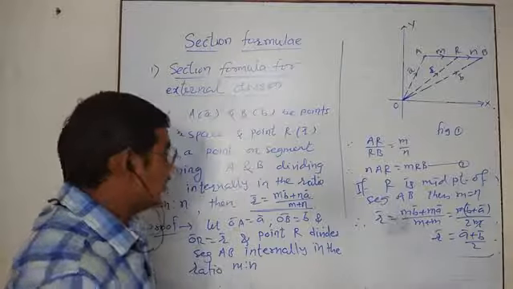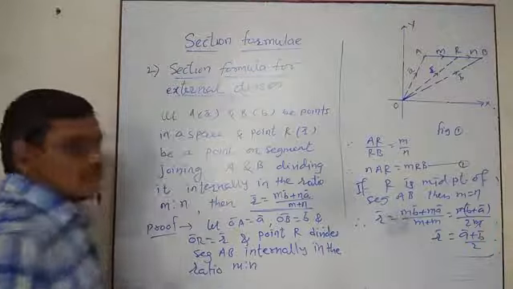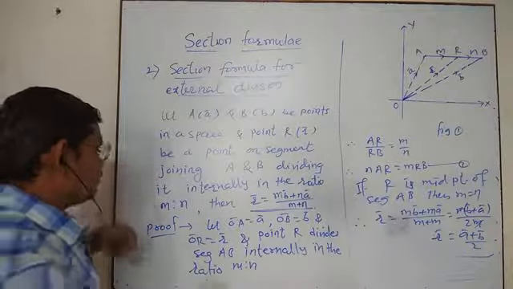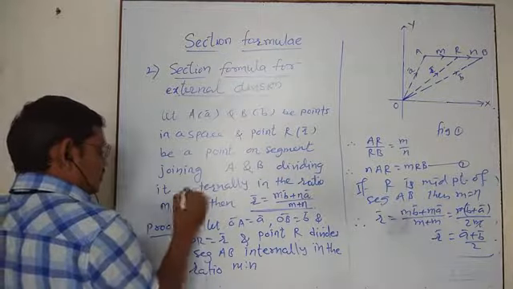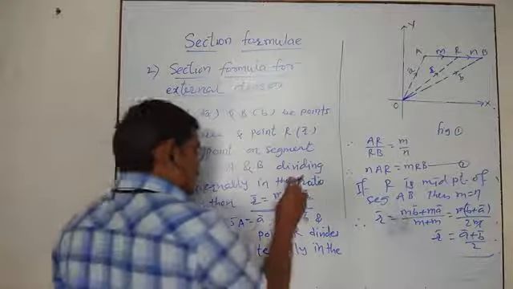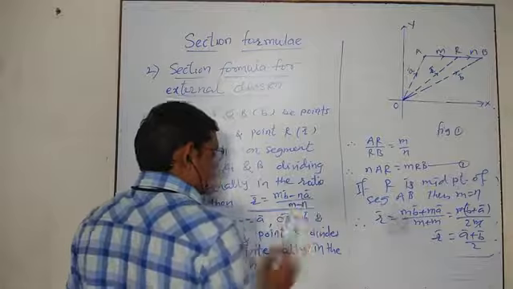Now next one is the section formula for external division. If this point R divides the segment joining AB externally in the ratio m:n, then R bar is equal to (m B bar minus n A bar) upon (m minus n).